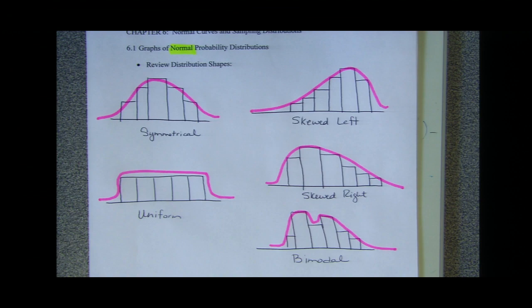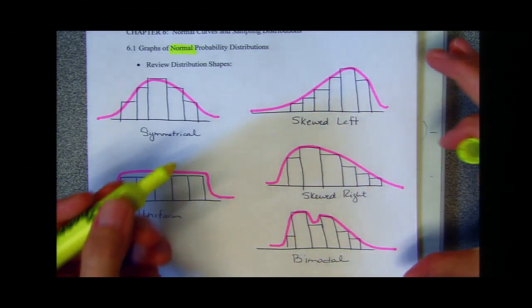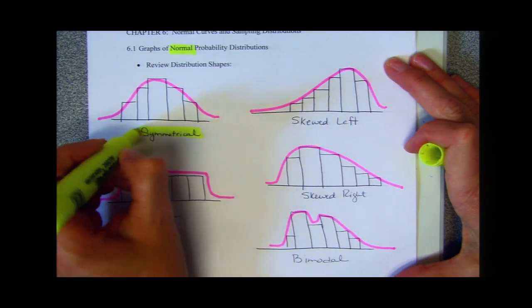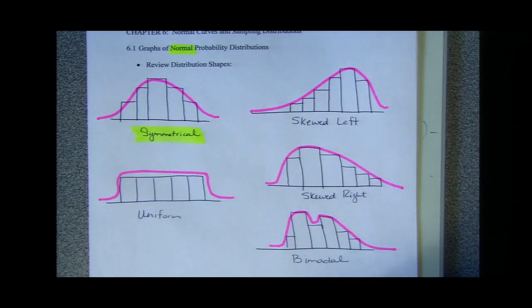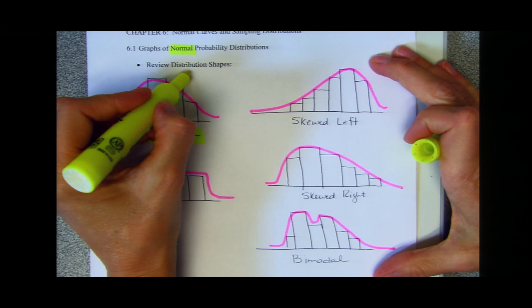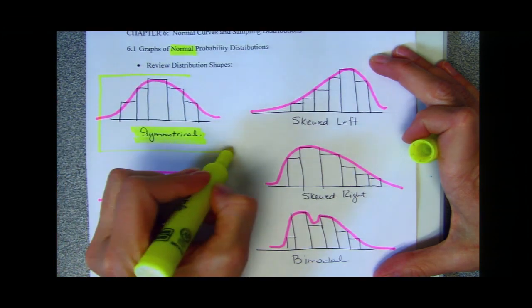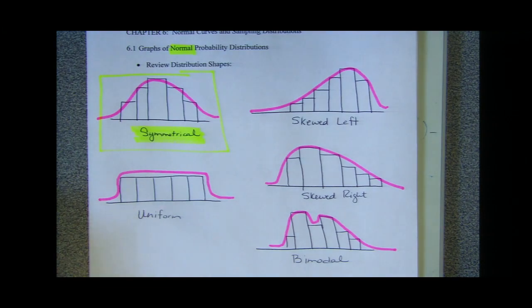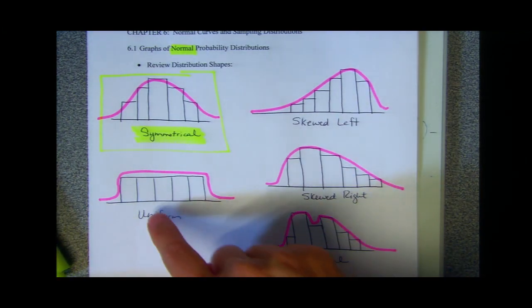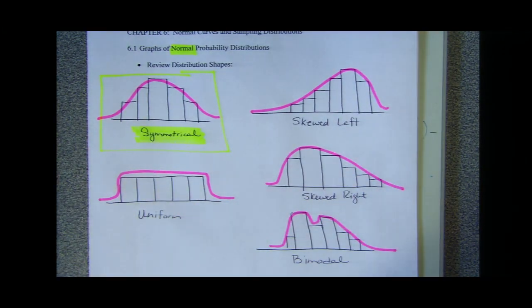And hopefully your eye is drawn to symmetrical. So in Chapter 6, we will be confining our discussion to only normal distributions or symmetrical bar graphs. The others are not what we're talking about in Chapter 6.